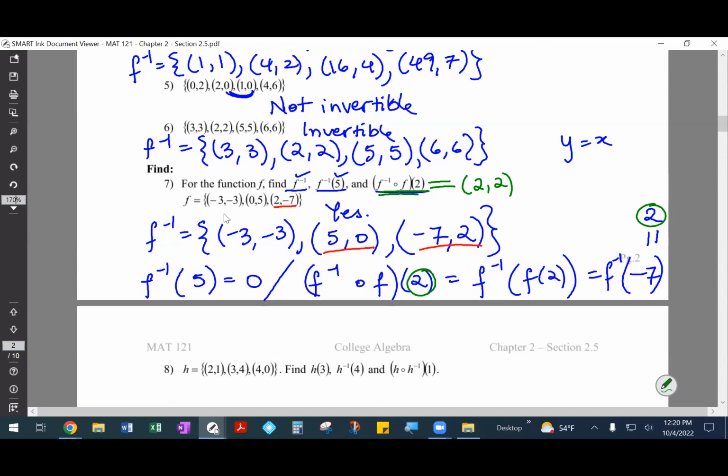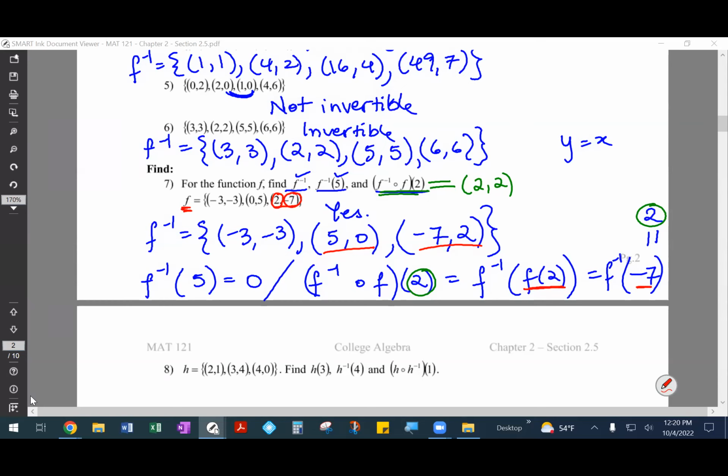So Diana, when you are doing the very first one here, so when you did F of 2, that means you're going to the original F function and you're finding where your X value is 2, right? So in this case, the X value is 2 and -7 is the Y value. So that's where this -7 comes from.